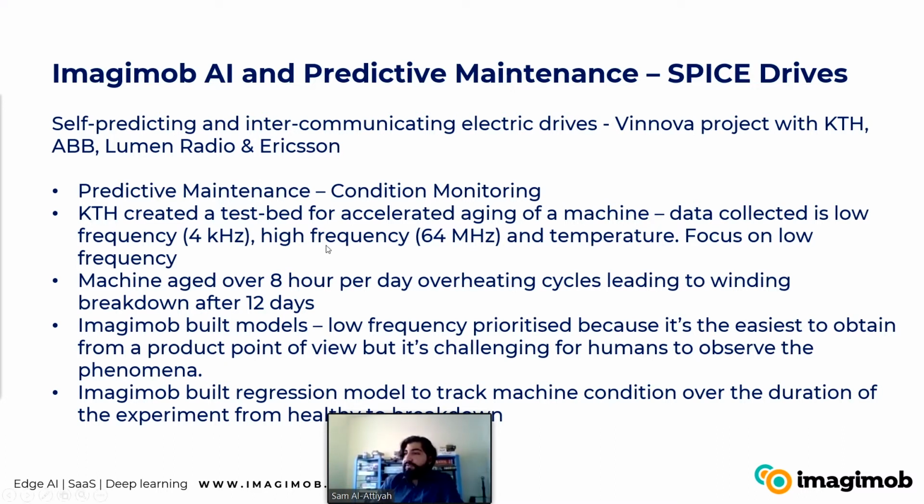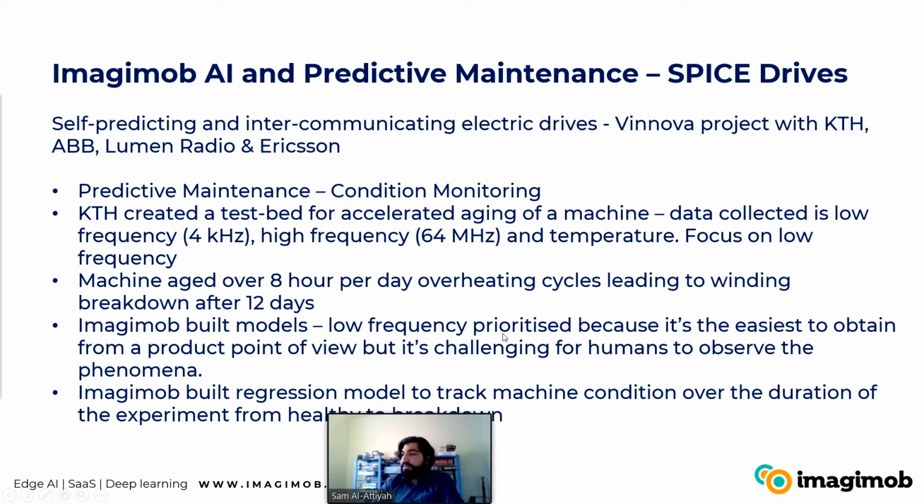While performing this test, the data that was collected is low frequency at 4 kilohertz, and high frequency at 64 megahertz, and also temperature. We chose to focus on low frequency.